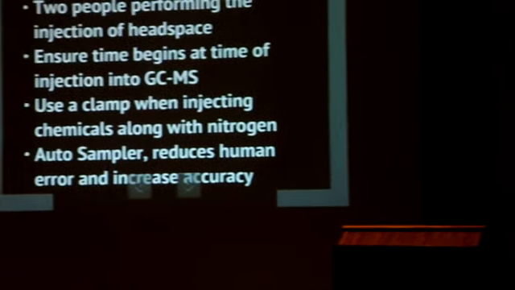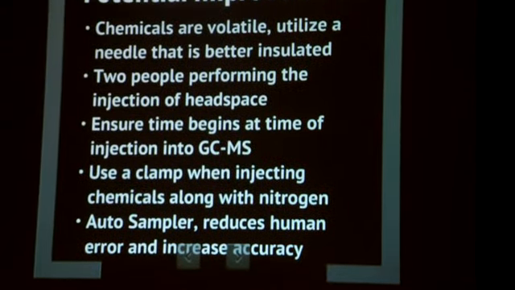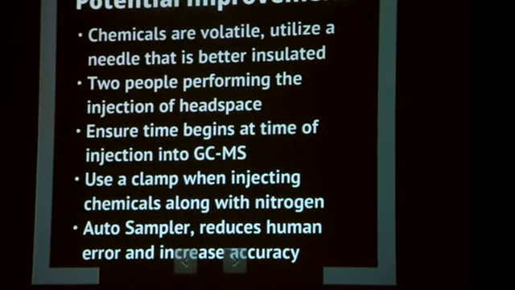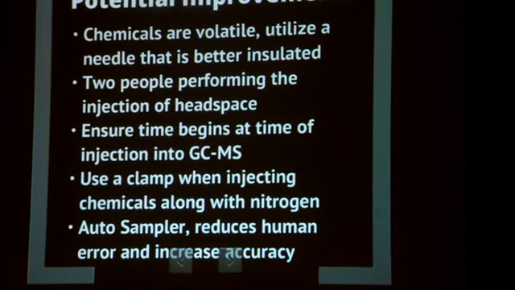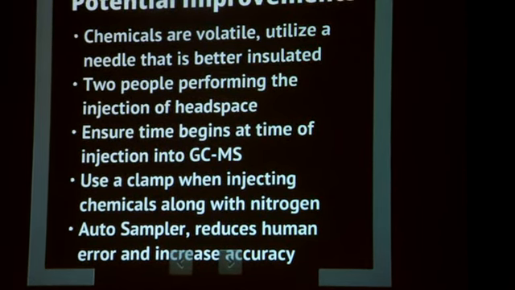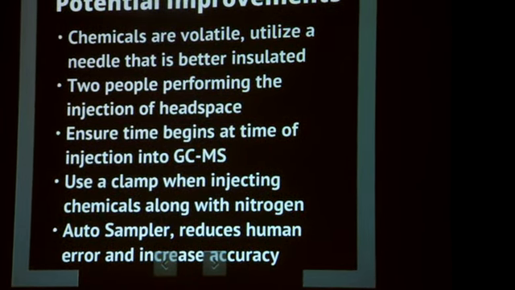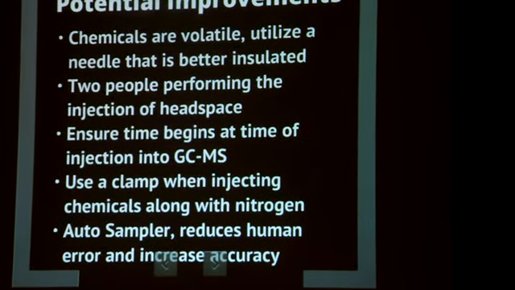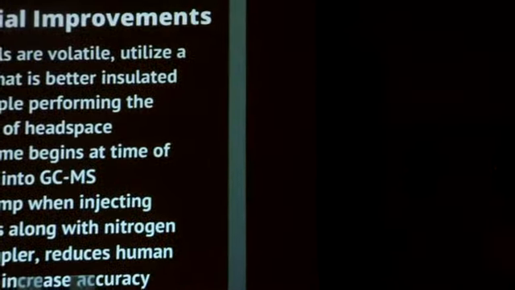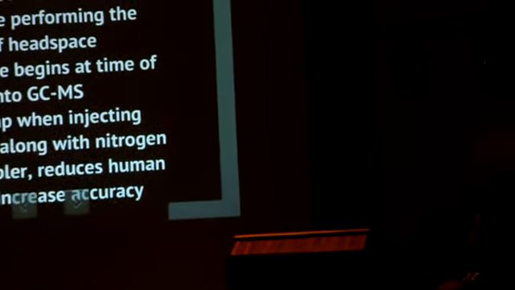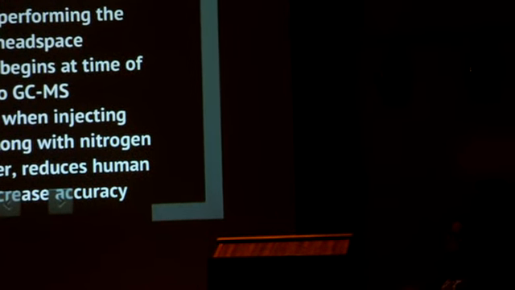Also, we found that 2 people performing the injections made things a lot easier, because one person could hold down the vial, whereas the other uses the needle, and it keeps everything a lot steadier. And also the person injecting should always have 2 fingers on the needle itself so it doesn't bend or break. It's easier when 2 people do this together.